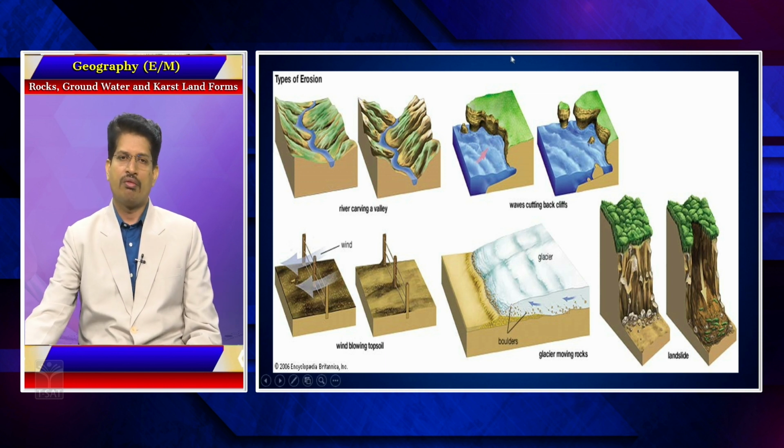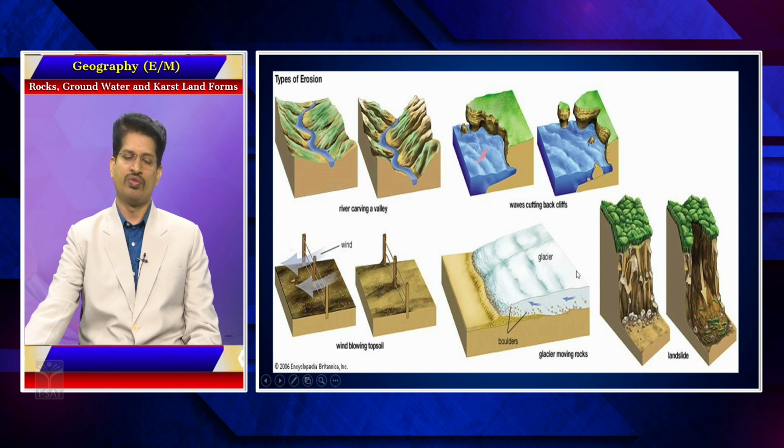Waves of the ocean striking the coastal rocky terrains also lead to weathering and erosion, and so does wind. For example, when the wind is blowing, it can carry away sand particles from place to place. Then there is the moving ice in valley glaciers.